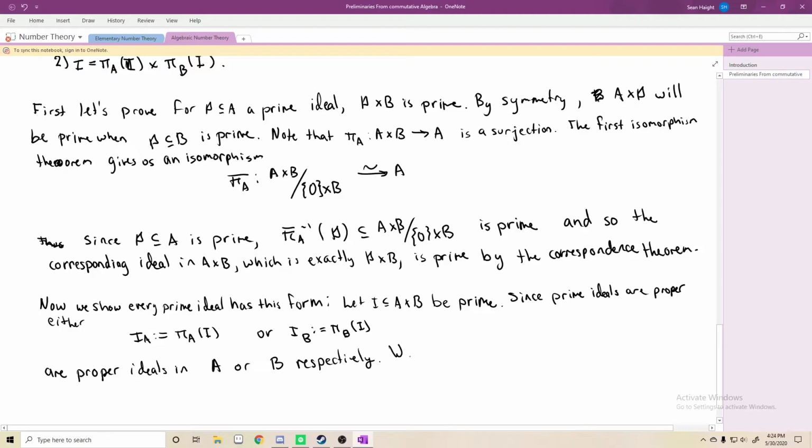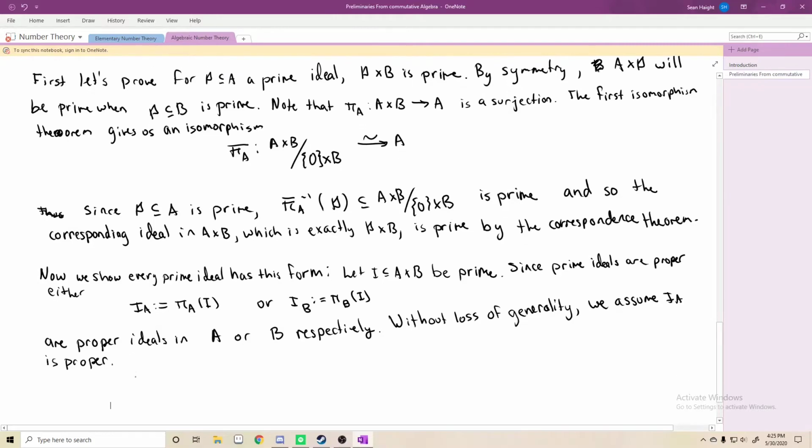Without loss of generality, I'm going to assume that it's I sub A. Is proper. Okay, so from here, what do we need to show?